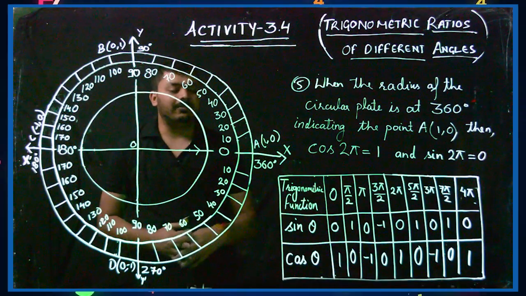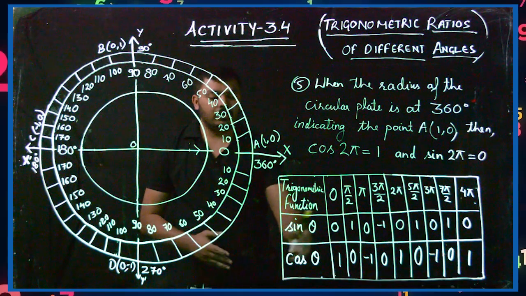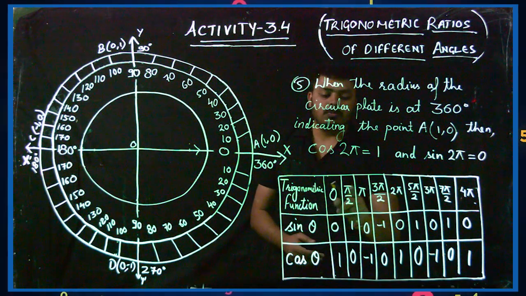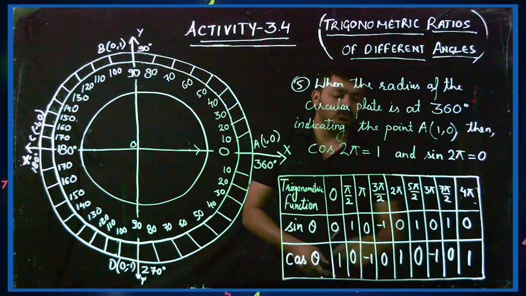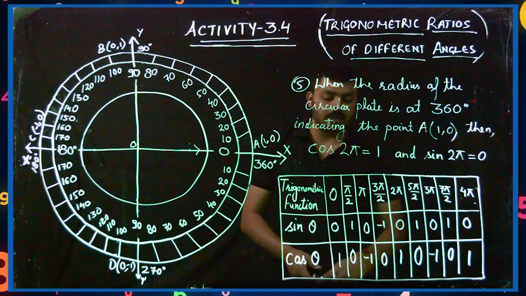So students, we have constructed a table for different values of sin theta and cos theta at different values of theta, that is angle 0, pi by 2, pi, 3 pi by 2, 2 pi, 5 pi by 2, 3 pi, 7 pi by 2 and 4 pi.